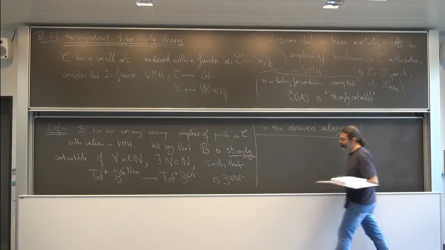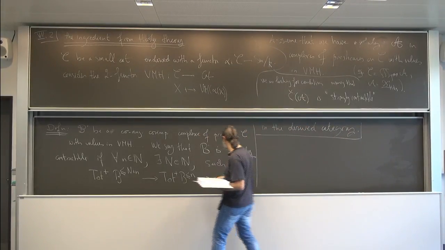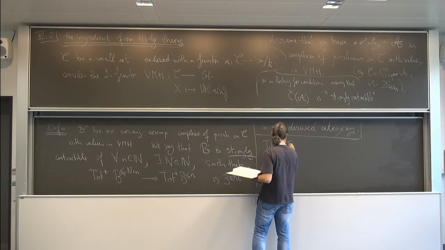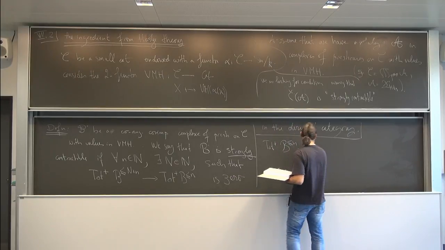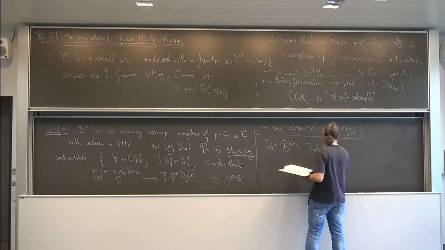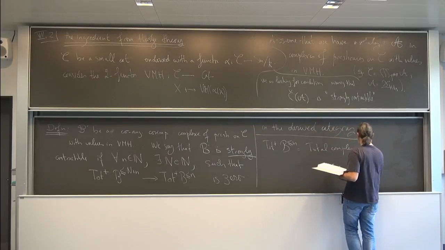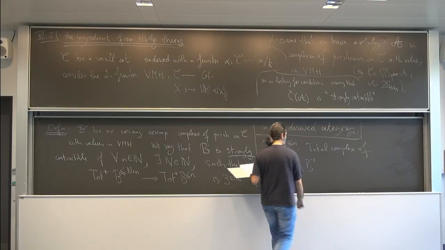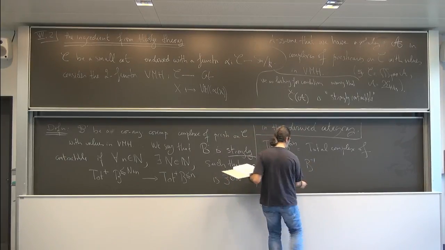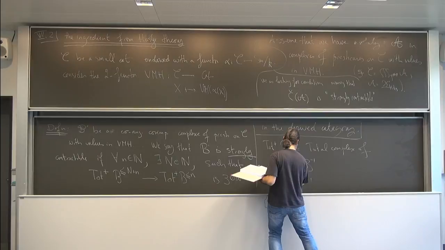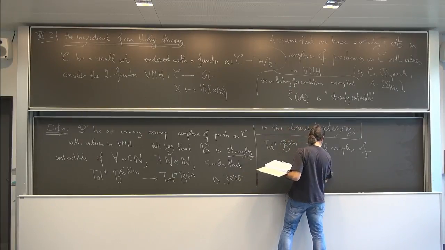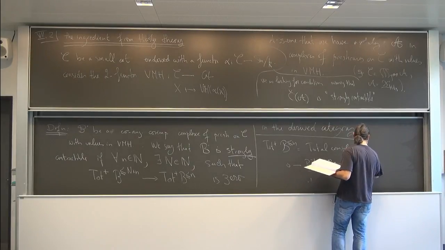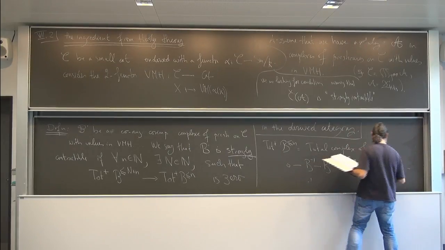So let me tell you what this is. Tot of B^{≤n} is the total complex of the following double complex that starts at the augmentation, in degree -1, up to B^n and then 0 afterward.